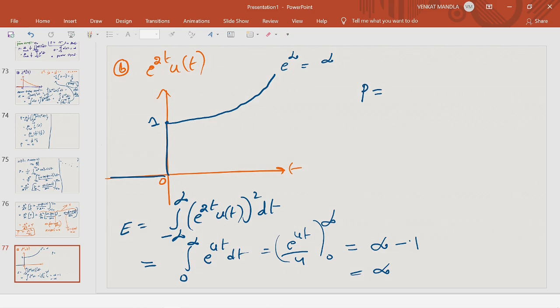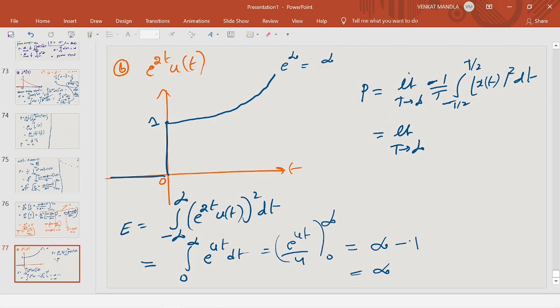Power equals limit T tends to infinity, 1 by T, integral from minus T by 2 to plus T by 2 of magnitude of x of t whole square dt. I will specify the limits: minus T by 2 to plus T by 2. From minus T by 2 to 0 you don't have a signal, it is 0.